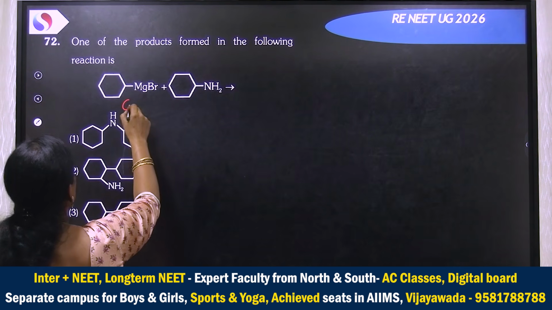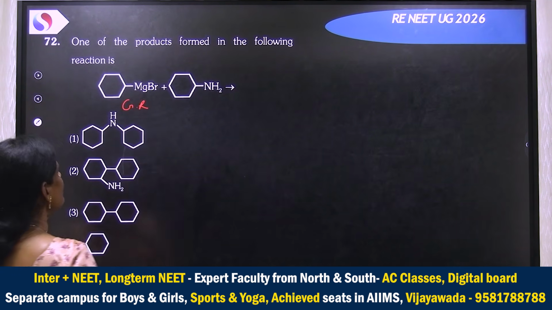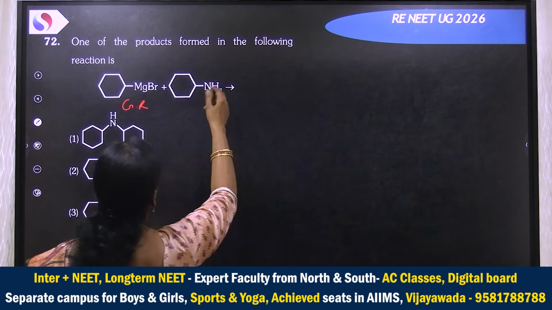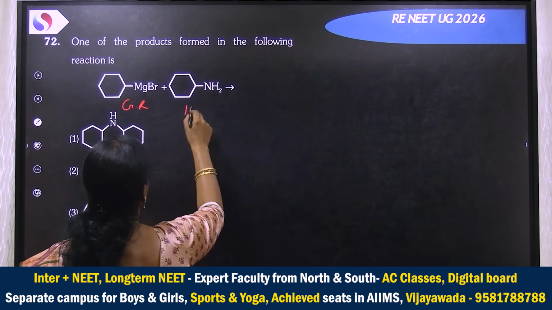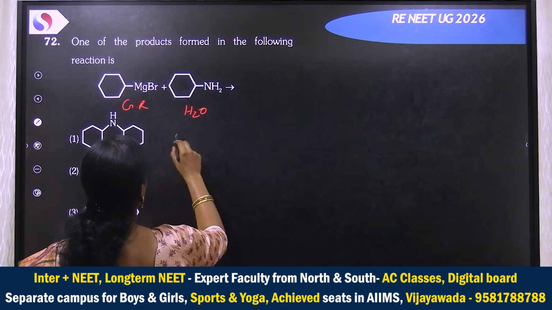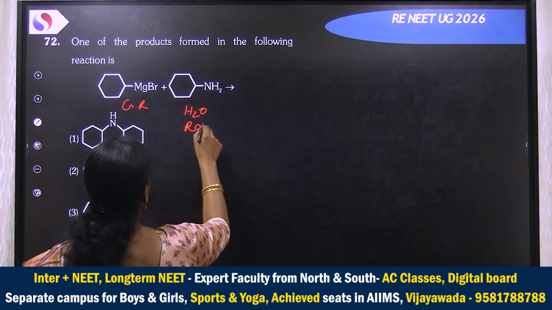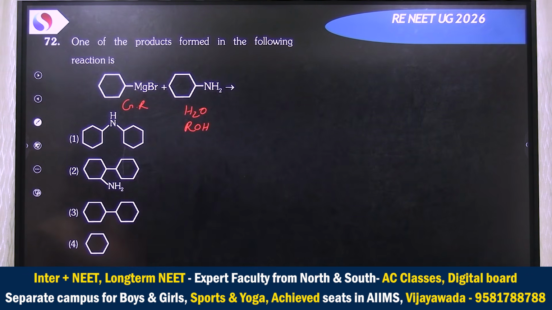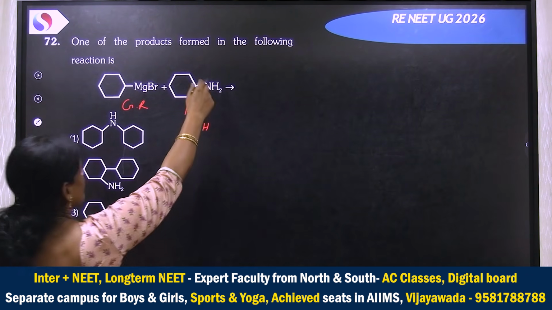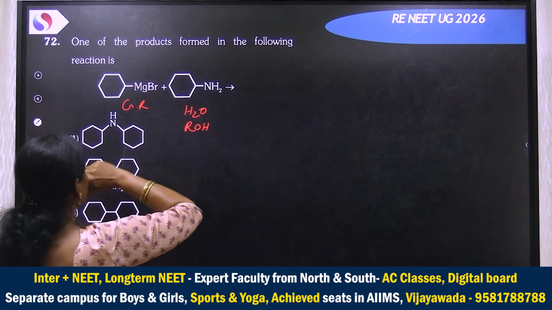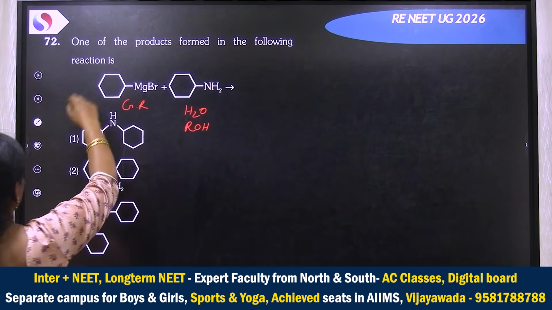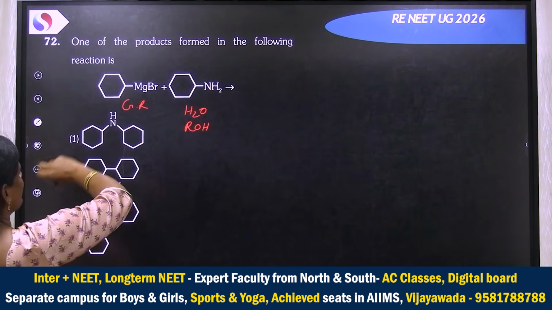So when Grignard reagent is treated with proton donating compounds, like primary amine or secondary amine, H2O, alcohol, etc., the proton of these donating compounds is donated to the carbon chain of Grignard reagent.